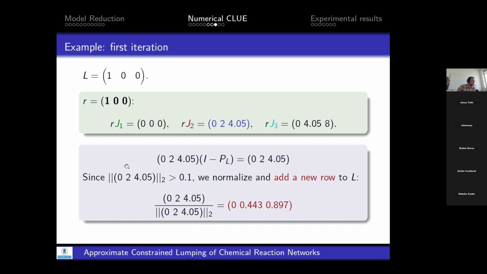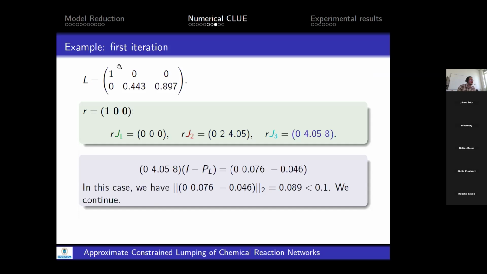We take the norm of this vector, and it's clearly bigger than 0.1. We have a 2 and a 4 in the entries. This is bigger than 0.1 for sure. So we normalize this vector and we add it as a new row. So we just take the norm, divide, we get this vector over here, and we add it to our L over here. Fantastic.